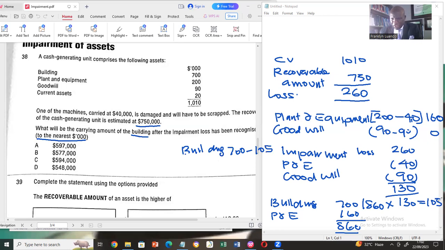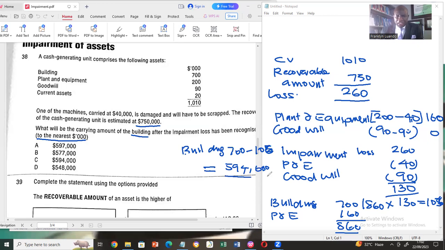So when you round off, it will be 594 in thousands.